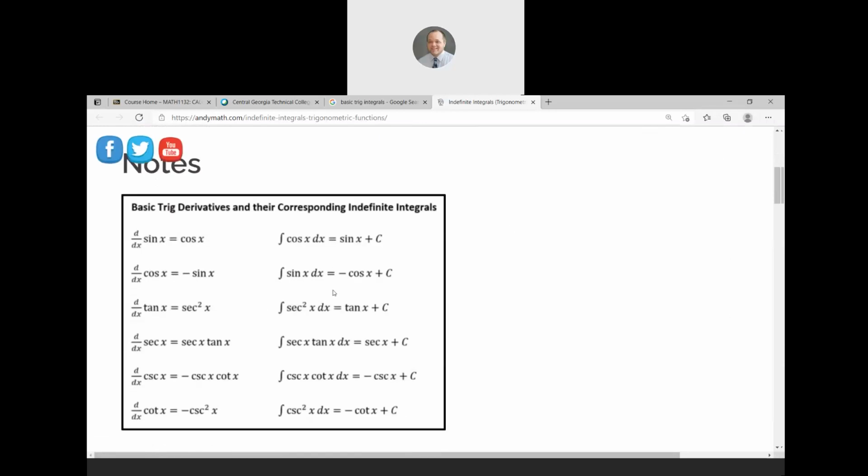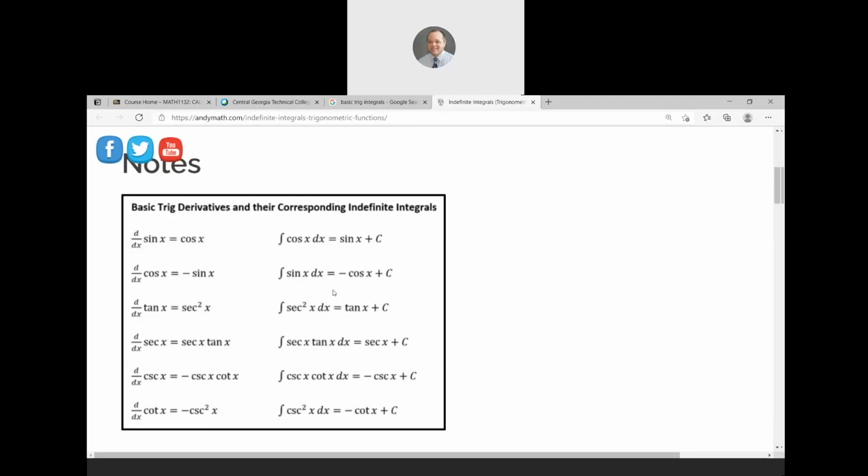On the second column, the integral of cosine is sine x. The integral of sine x is negative cosine x. The integral of secant squared x is tangent x plus c. I forgot to mention that. If you're plugging in limits of integration, then you don't need the c.